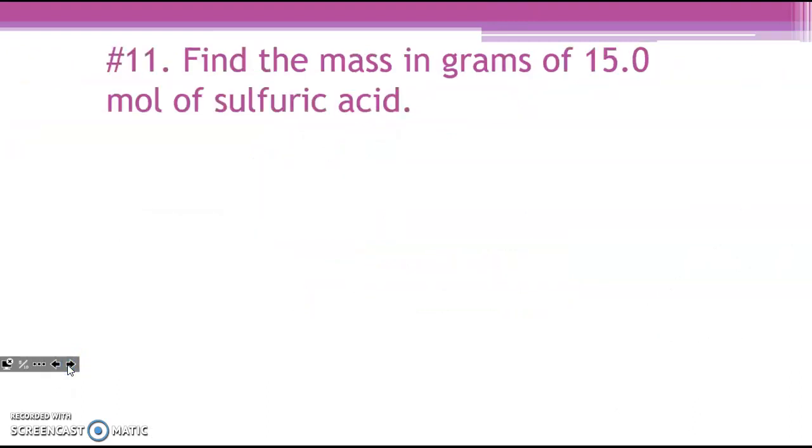In number 11, we're finding the mass in grams of 15 moles of sulfuric acid. The formula is H2SO4. All acids start with hydrogen. Hydrogen, sulfur, oxygen. We need a molar mass if we're going to hope to convert moles into grams or grams into moles. I have 2 hydrogens, 1 sulfur, 4 oxygens.